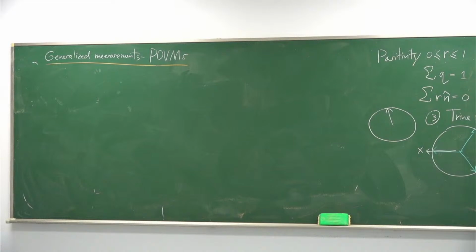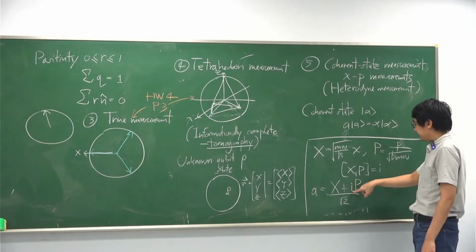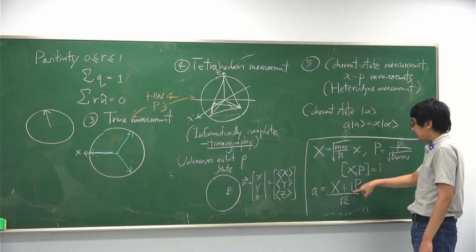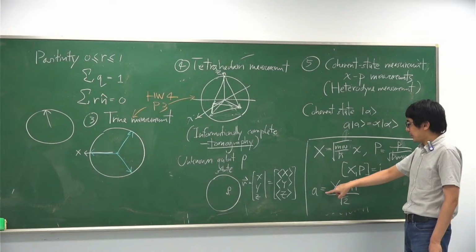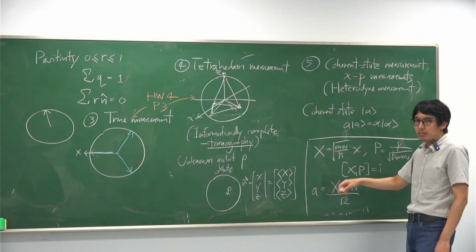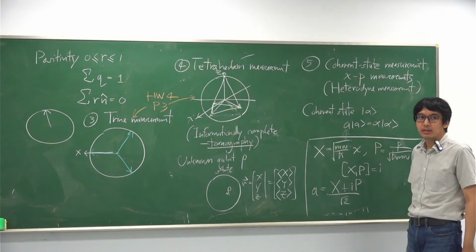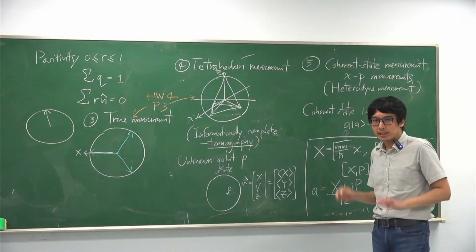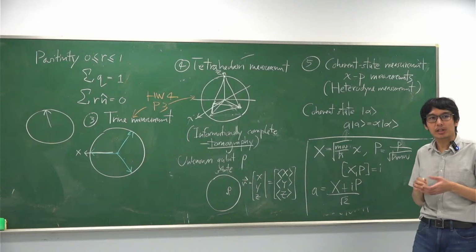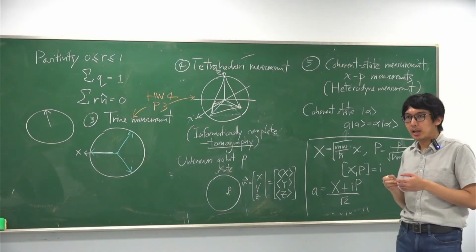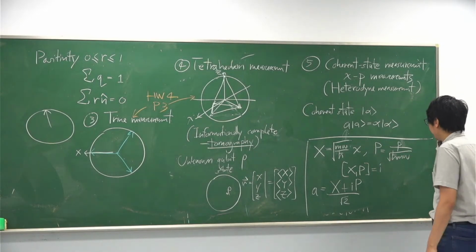And so x and p, well, essentially if you can measure this annihilation operator, although it's not really a thing, right? Because the annihilation operator is not Hermitian, so it's not an observable.